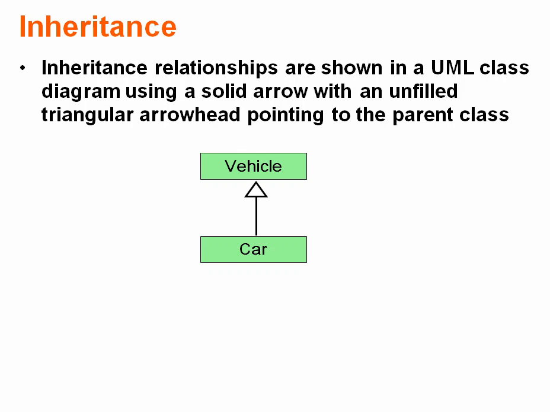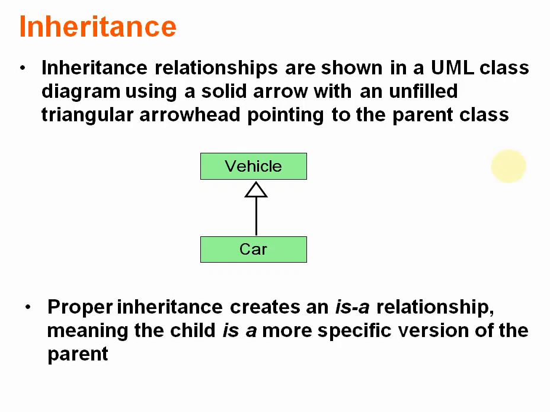So there is a relationship between both classes. Proper inheritance creates an is-a relationship, meaning the child is a more specific version of the parent. It means we are deriving the child class and it is a more specific version of our parent class.